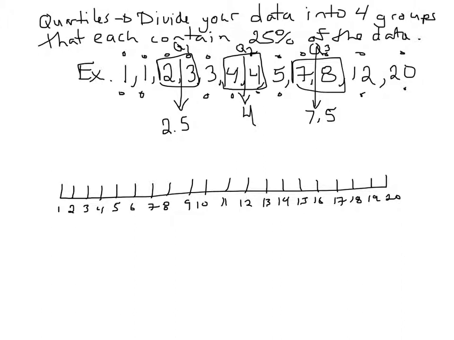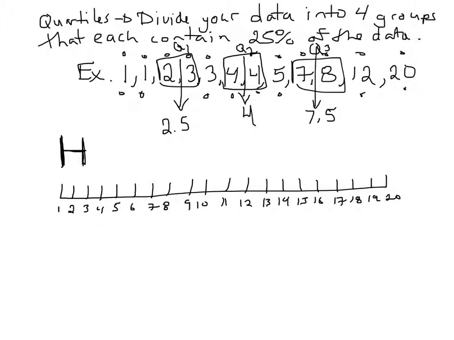You start with a line at your first number, your lowest possible number. So we put a line at 1, because for us our lowest number is 1. Okay. Then you put another line at your Q1, which is 2.5. So that's going to go right here. And you connect those 2 lines together.